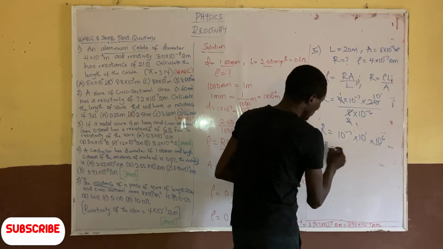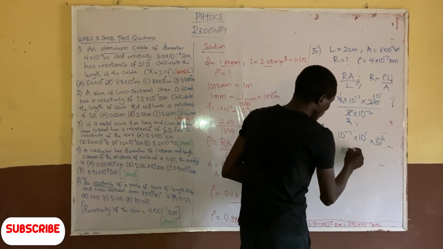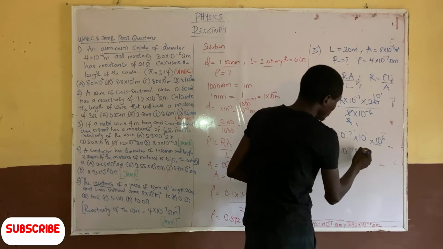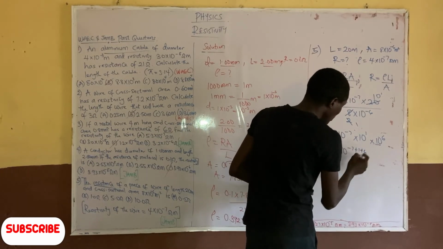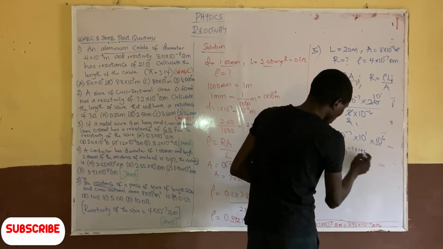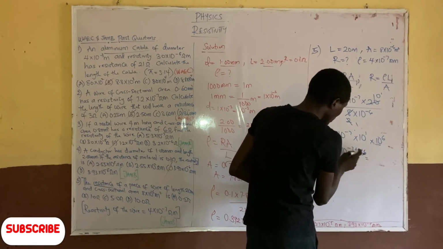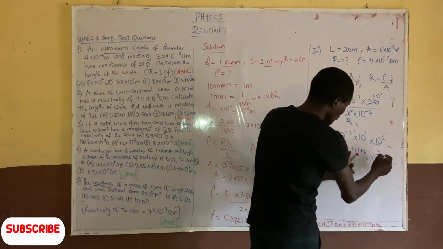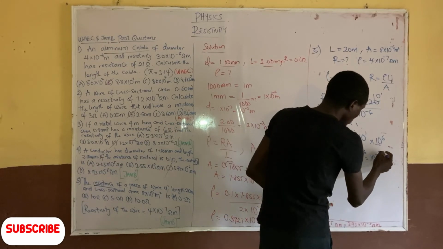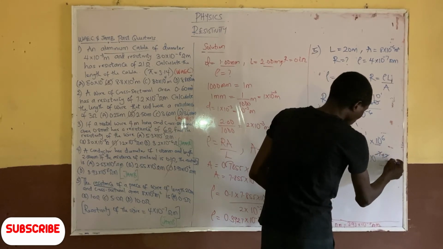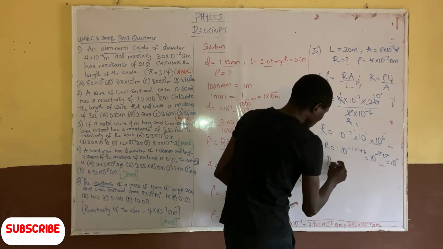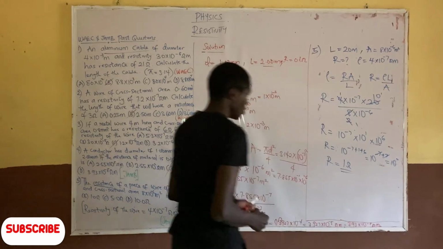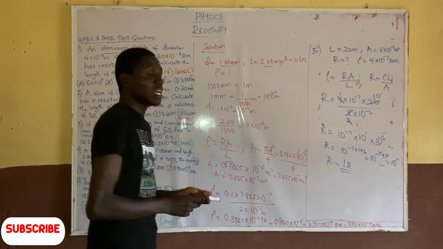So R is 10 raised to the power minus 7 plus 1 plus 6. Minus 7 cancels 7, so we have 10 raised to the power 0. So R is equal to 10 raised to the power 0, which is 1 ohm. So the answer is 1 ohm.